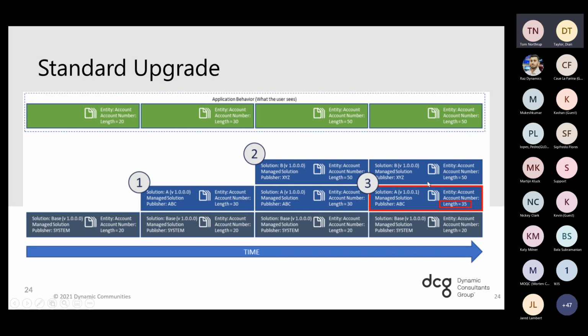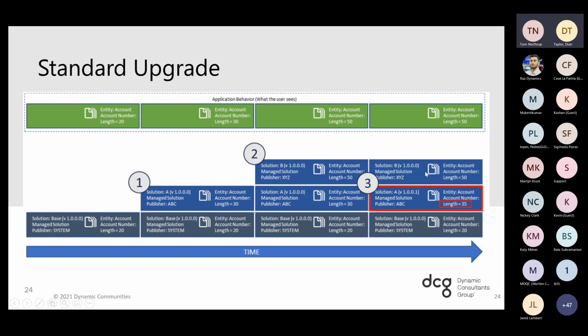Remember, the layers determine what the user sees, and the user still sees length equals 50. Because this managed solution is sitting on top of this other one. You can import version 1.2, 1.3, 1.4 as many times as you like, but you're never going to get the user to see your changes because that component exists in another solution.